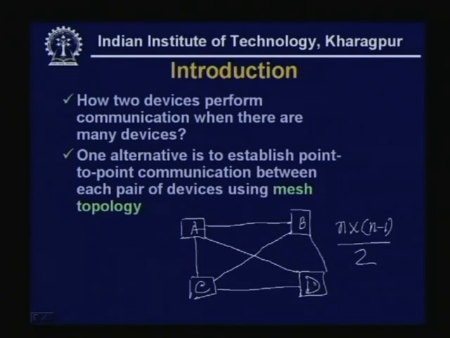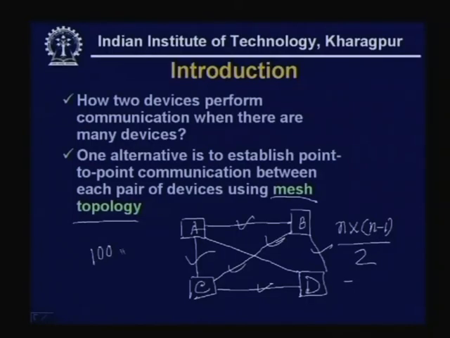So, you will require 4 into 3 by 2, that means 6. So, if you count you will find that total number of links is indeed 6, 1, 2, 3, 4, 5, 6. So, this is known as mesh topology, and obviously when you have got a large number of stations, this kind of mesh topology is not practical.